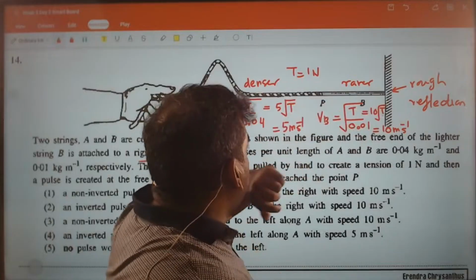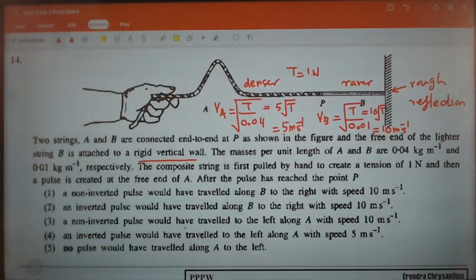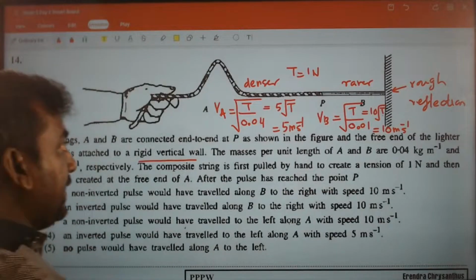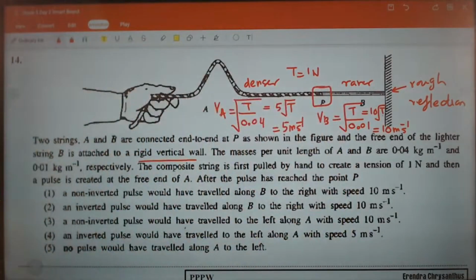Denser, rarer. Here mass per length is also large. So what can you say about that end? Look at the board carefully.